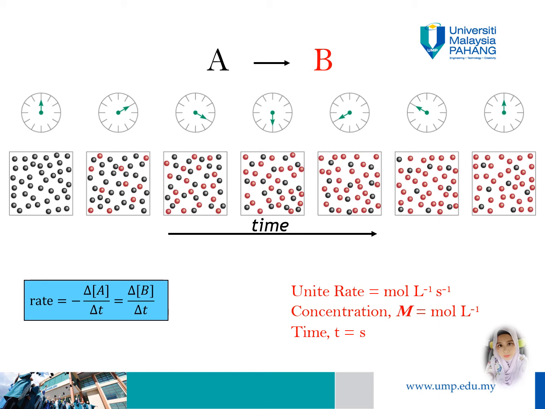So we can see that the concentration of A is reduced while the concentration of B is increased with time. We can determine the rate of the reaction as equal to the change in concentration of A over change in time, and also equal to the change in concentration of product B over time.